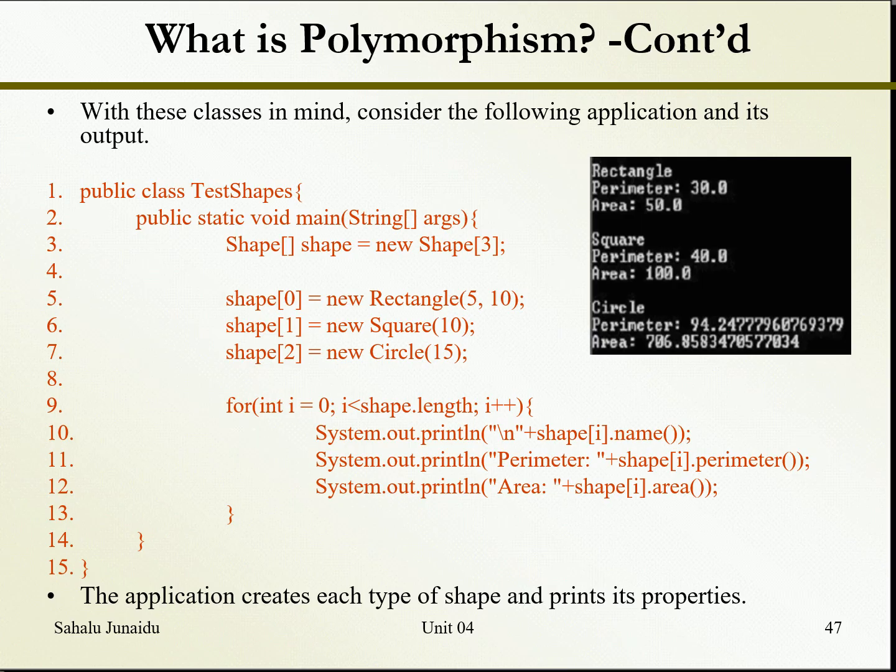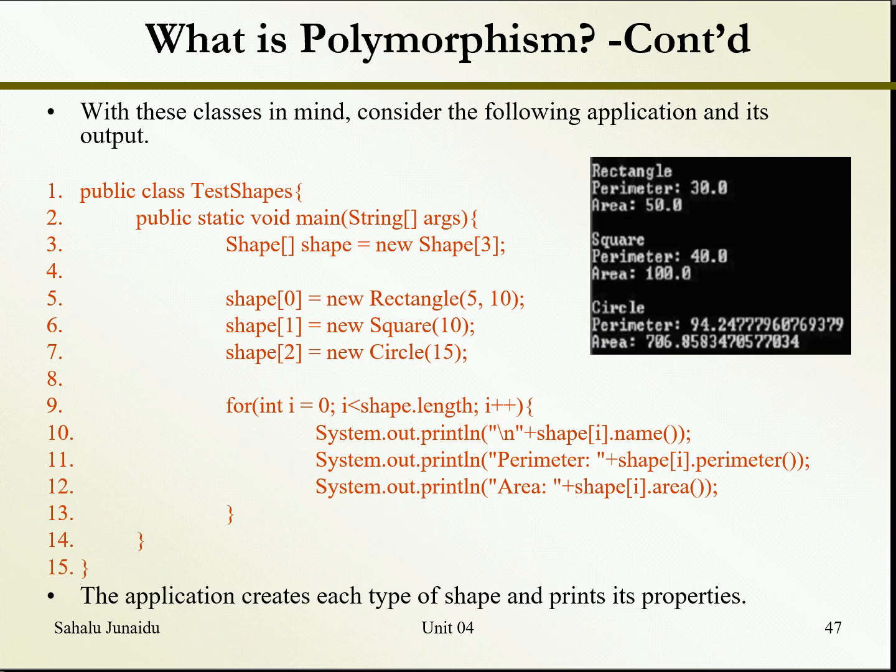i becomes 1. Thus, the shape at index 1 is square. So if the shape at index 1 is square, then the name will be retrieved, which is the name of the class, square, and the perimeter of the shape, which is shape[i].perimeter, and shape[i].area.